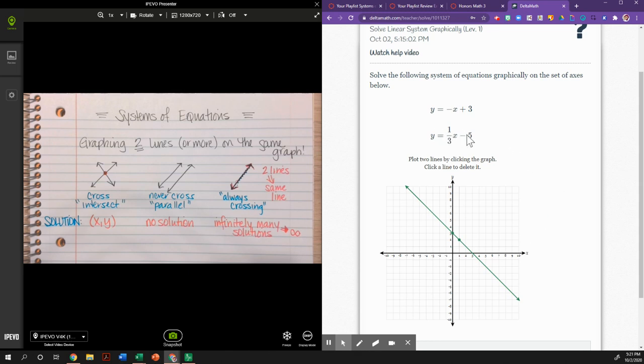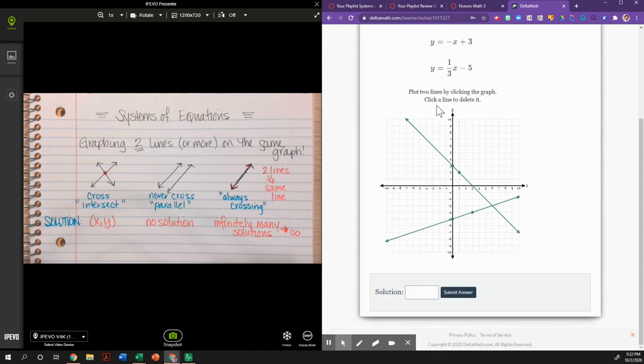Now I'm going to draw the second line. It crosses the y-axis at -5, so I go down to -5, click on it, and my slope is up 1 over 3, and I click it. Now I can't do any more clicking.